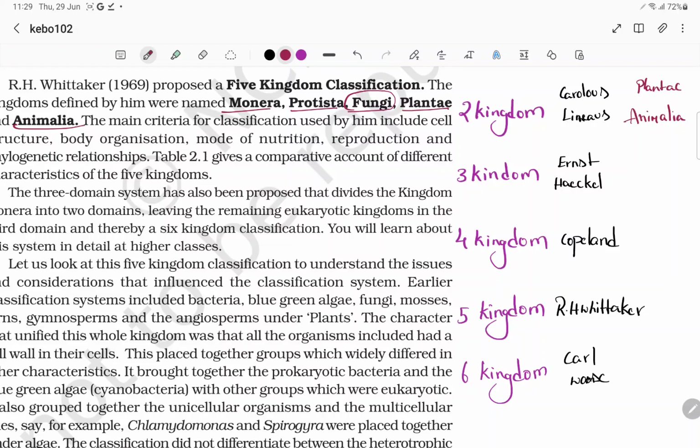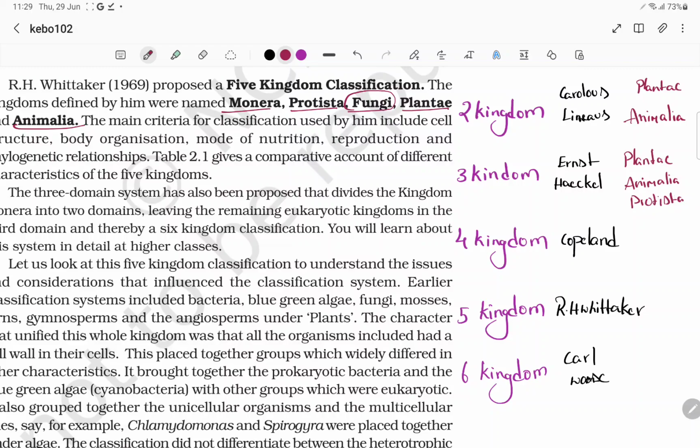Here, Ernst Haeckel is the one who first classified all the unicellular eukaryotes into one kingdom, that is Kingdom Protista. Only here can you see Kingdom Protista for the first time. The same Kingdom Plantae and Kingdom Animalia are there, and Kingdom Protista is added.